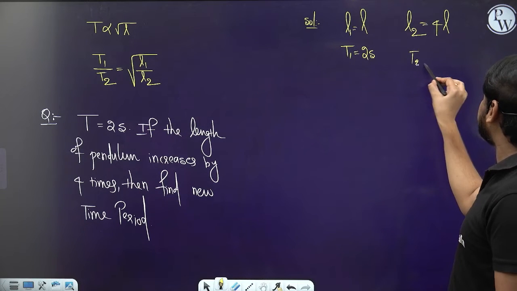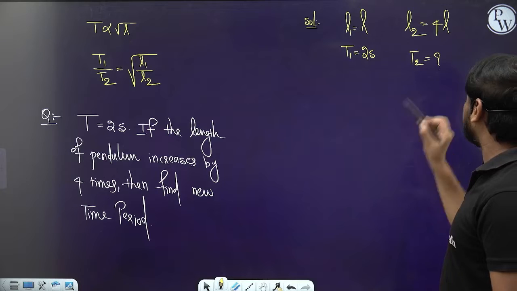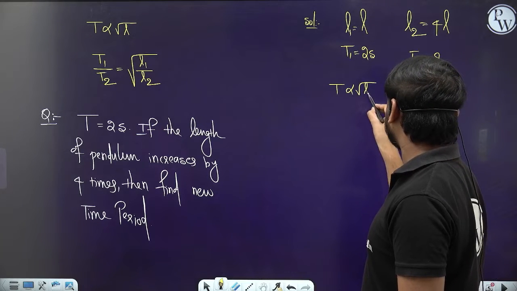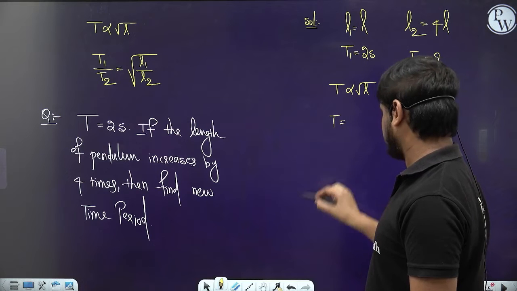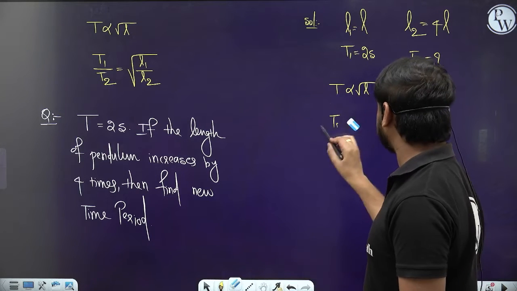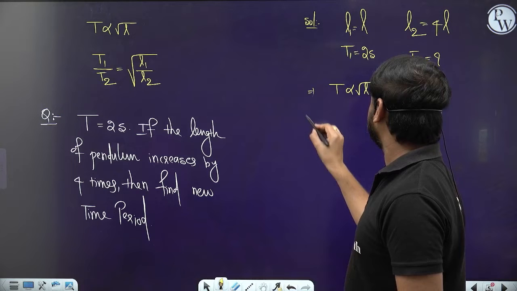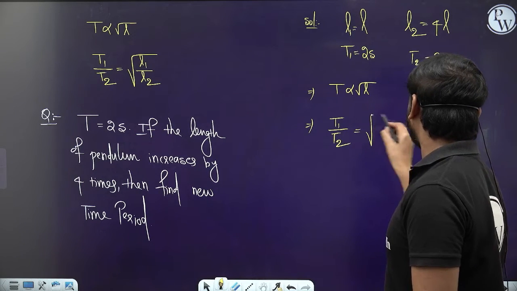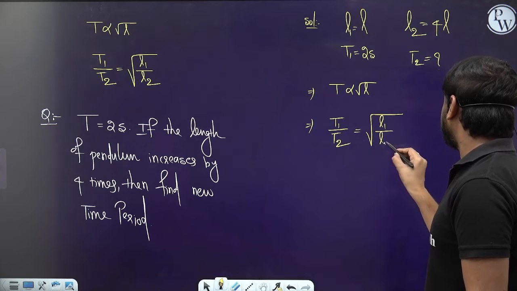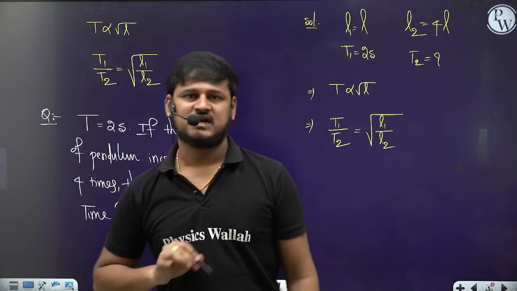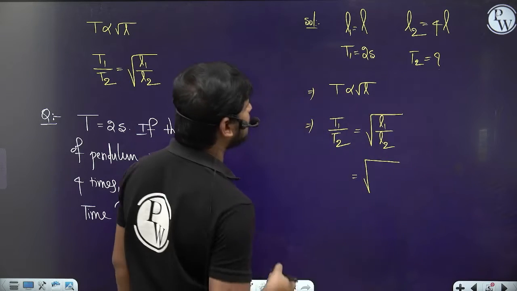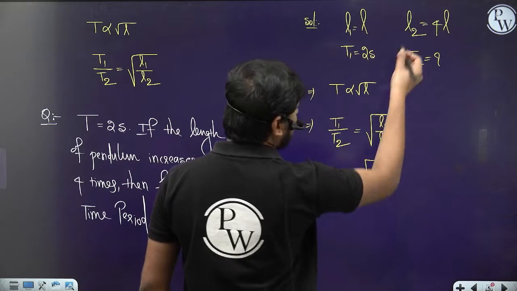What is the time period in this case? You already know the concept: the time period is directly proportional to root L. So T1 by T2 is equal to root over L1 by L2. Clear? Root over, what is L1? L by L2. So what's the new length?